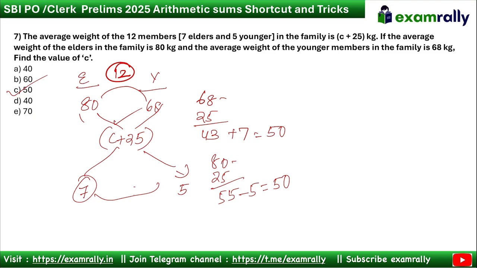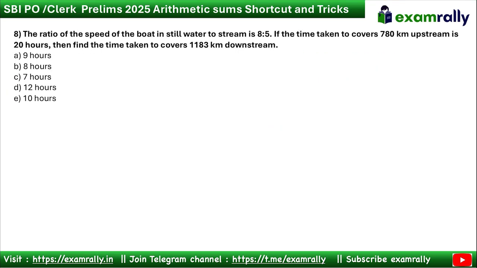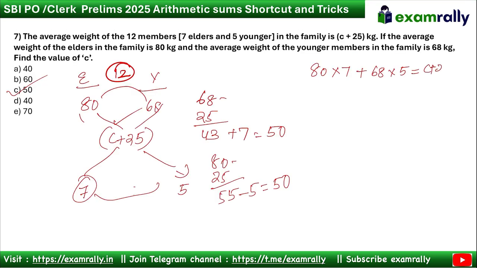Suppose you are not getting this allocation method, you can directly go for average also. Here the average weight of the elders as well as the average weight of the youngers is given. So the total weight will be 80 into 7 plus 68 into 5 equal to C plus 25 into 12.